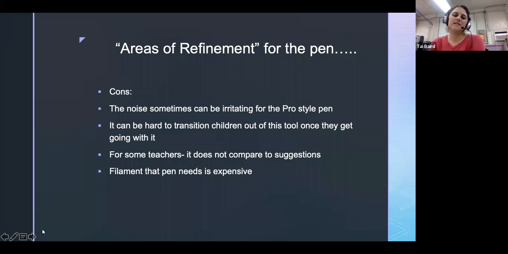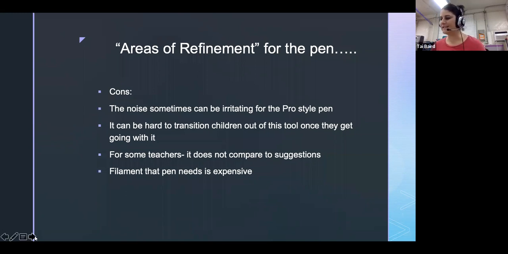So that's just to keep in mind, and maybe the solution to that also is that you use it in ways where they can explore it ahead of time without it being so expensive. There's multiple ways, which I'll talk about later, that show how to make it affordable for yourself.